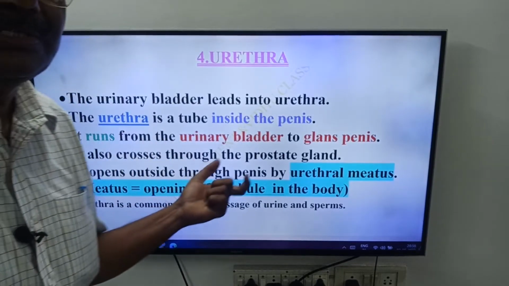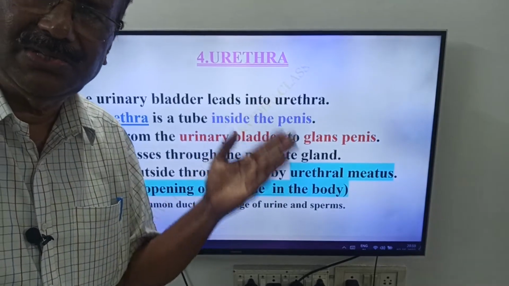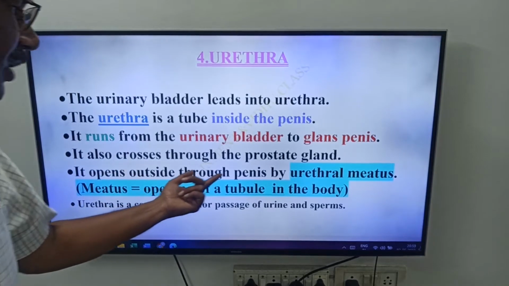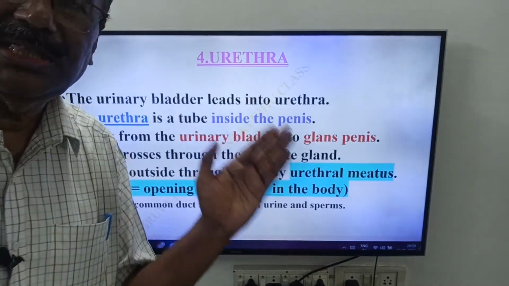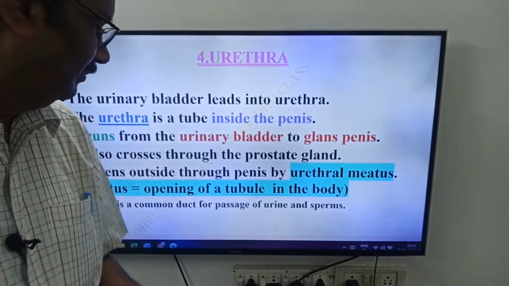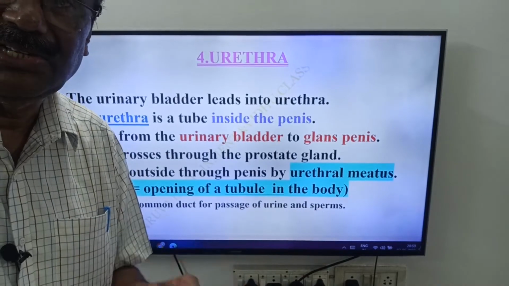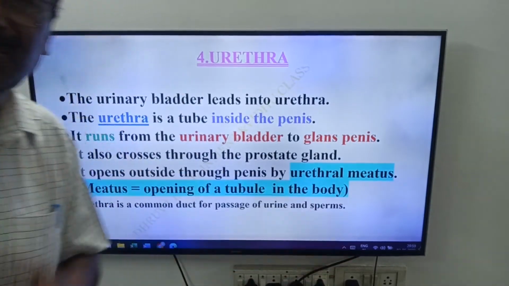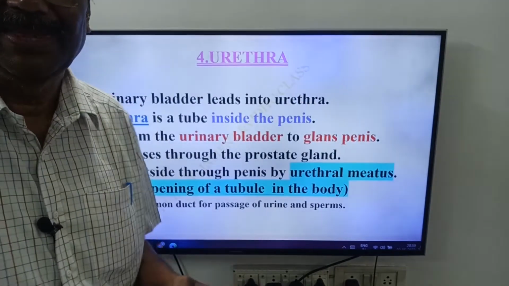It also crosses the prostate gland. Already we discussed this, friends. Next, friends, it opens outside through the penis by the urethral meatus. Urethra opens outside through the penis by what, friends? Urethral meatus. Whenever you hear the word meatus, it means the opening of a tubule in the body.